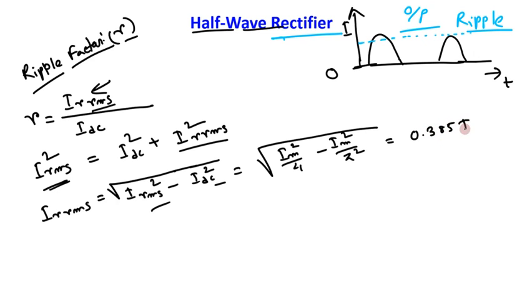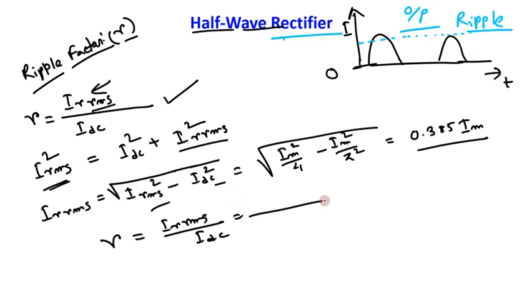this is 0.385 into Im. Then what is this ripple factor? The value is I_r RMS by I_DC. We have seen it here. So just now substitute the values. I_r RMS is 0.385 of Im, and what is I_DC? It is nothing but Im by pi. So this Im gets cancelled. So it is basically this into this, and if you do it, you get a ripple factor of 1.21.